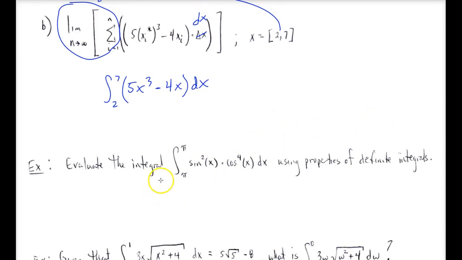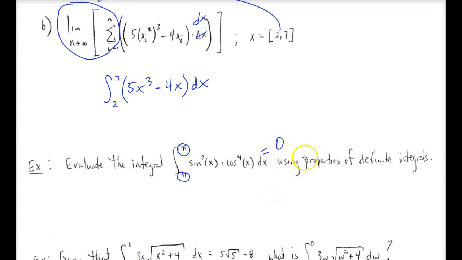All right, moving forward here, we want to evaluate the integral of sine squared x times cosine to the fourth x, where the limits of integration are the same. And if you remember, since the limits of integration are the same, doesn't matter what it is, we know that the area under the curve there is nothing.